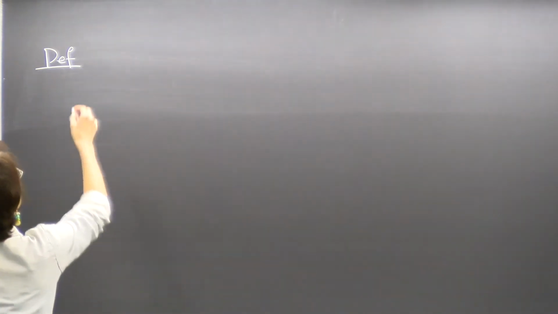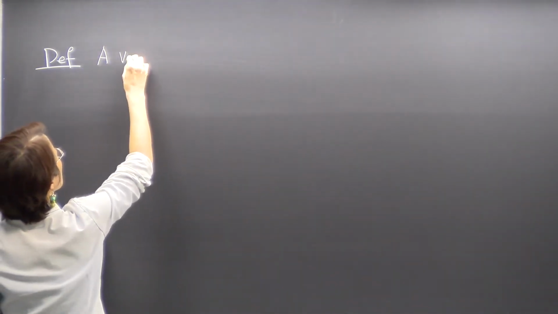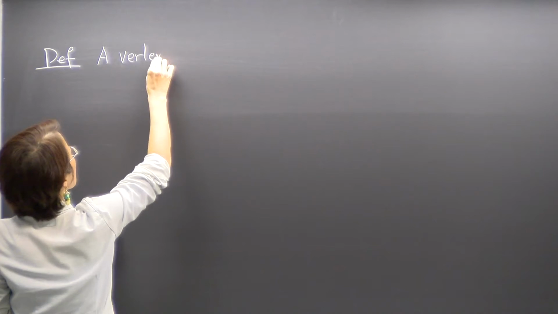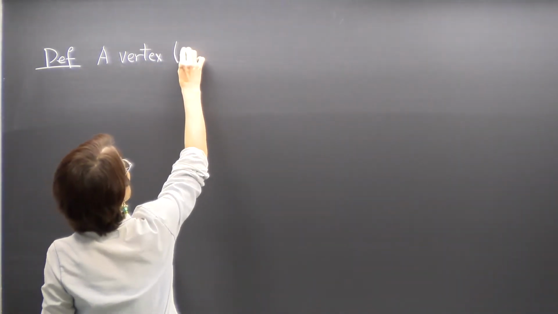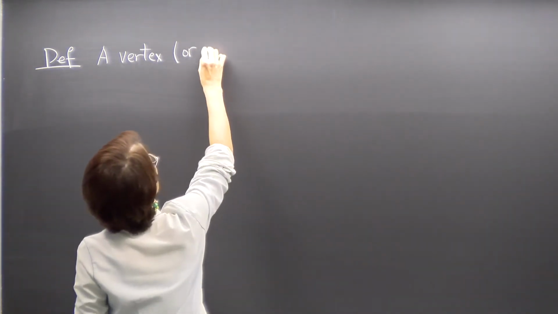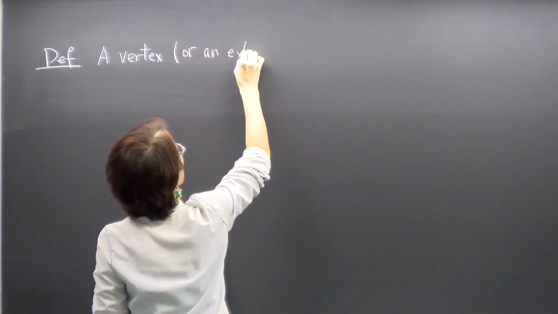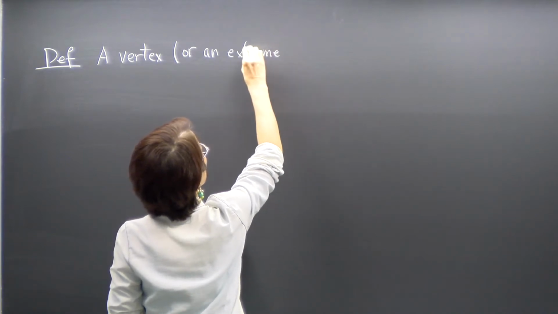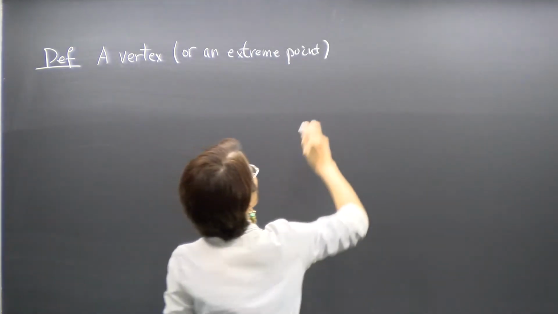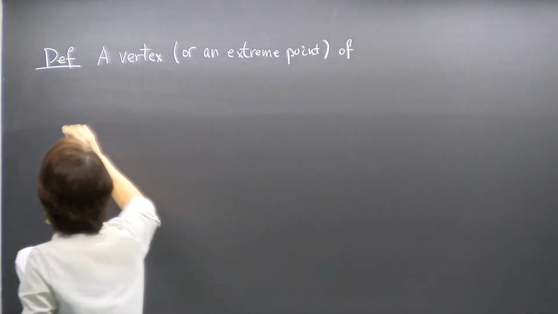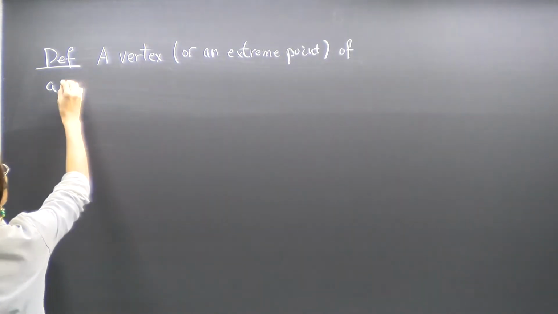So here I'll start with the definition of a vertex. A vertex, in other literature, is also called an extreme point. And this is defined only for a convex set.